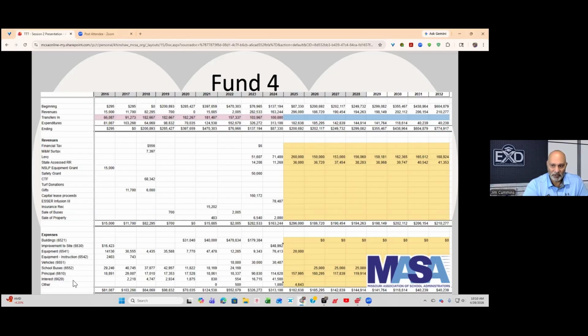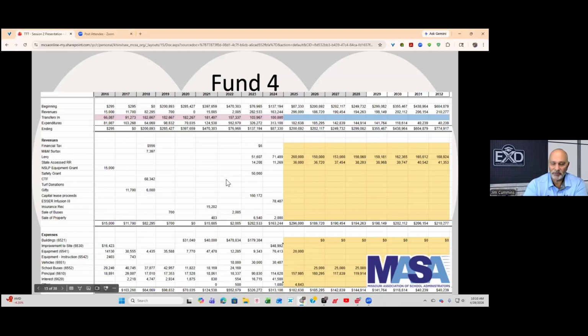In the expense part down here, you can see I just summarized it by the different capital project payments. So any object code with a 6.5 is going to be a capital project item. So you've got buildings, improvement to site, equipment, and then you get into the 6600s, which are your lease purchase payments that come out of Fund 4.